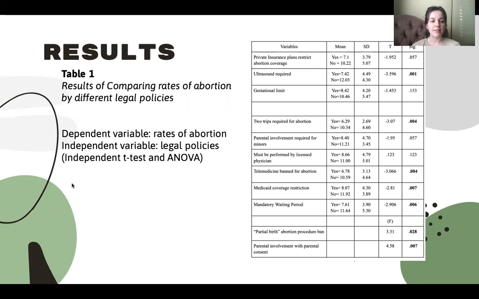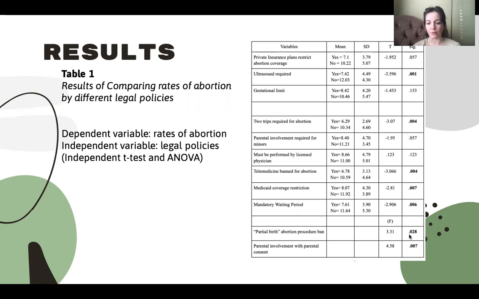So Table 1, I'll move myself over. This is comparing rates of abortion by different legal policies. What you can see is the mean of the states' abortion rate. Yes means they do have the restrictive policy, no means they don't have the restrictive policy. And you can see throughout these that the ones that don't have the restrictive policy have a higher mean abortion rate.